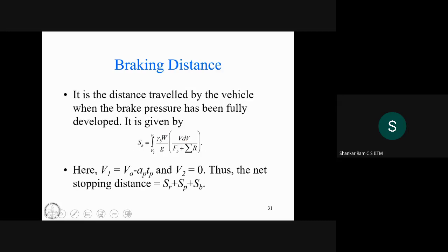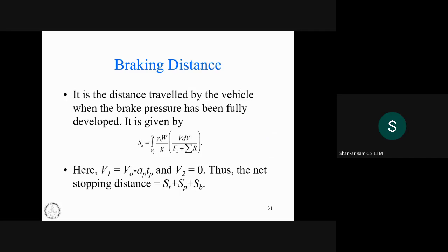Third phase is the braking phase, wherein the vehicle is being decelerated. The brake actuation pressure has reached its steady state value. It has been fully developed, and the vehicle is essentially under deceleration.